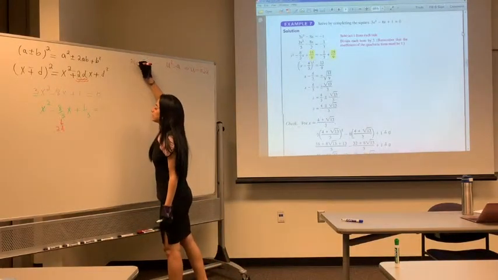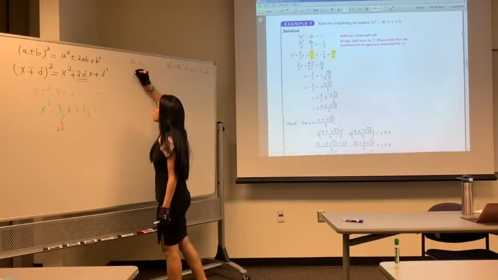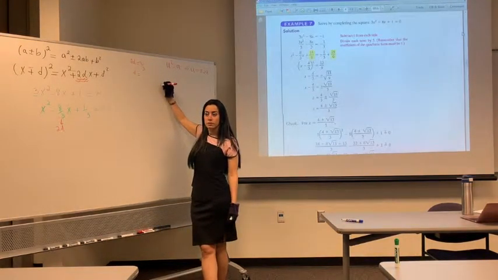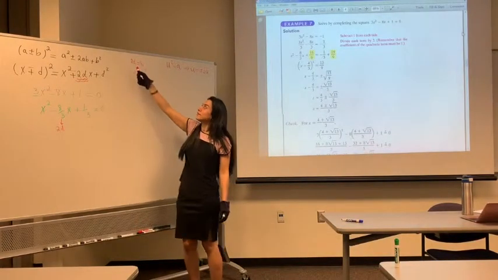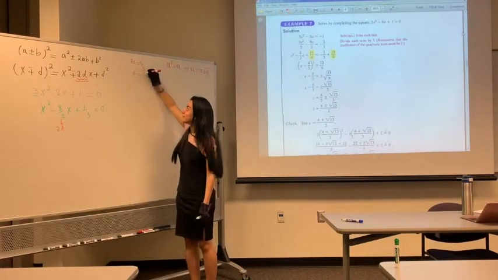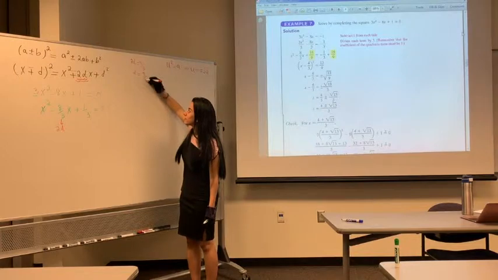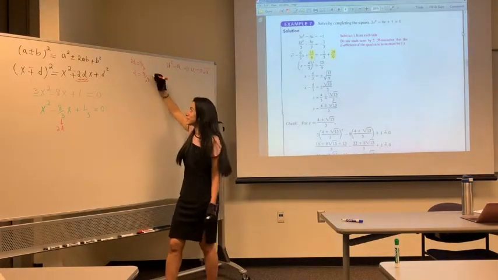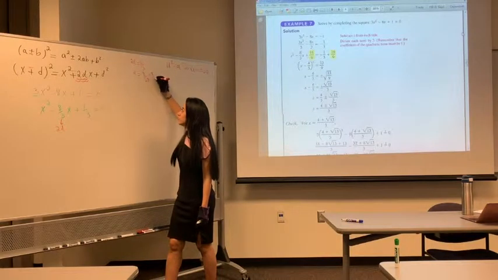If 2d is 8 over 3, d is equal to... Look, you want to solve for d, right? You divide both sides by 2. So it will be 8 divided by 2 multiplied by 3, which is 8 divided by 6.